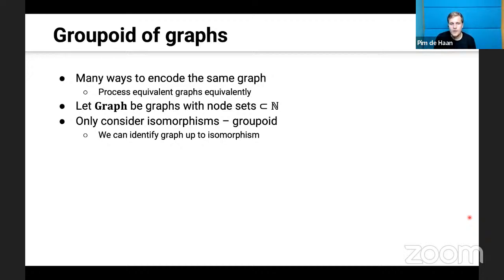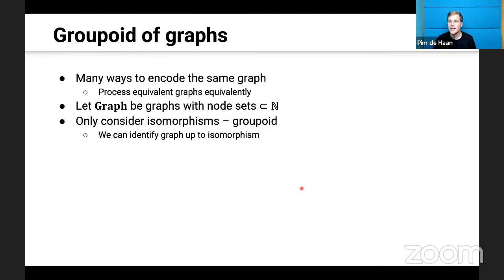So we look at the groupoid of graphs. There are many different, isomorphic ways to encode the same graph. And if we apply a neural network on the graph, then we want the neural network to process these graphs similarly.